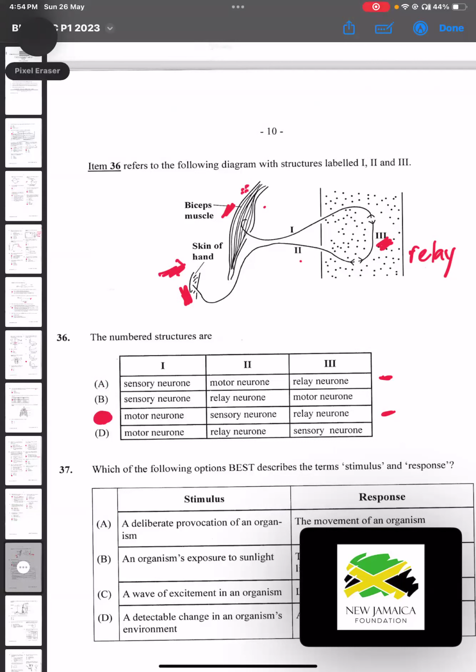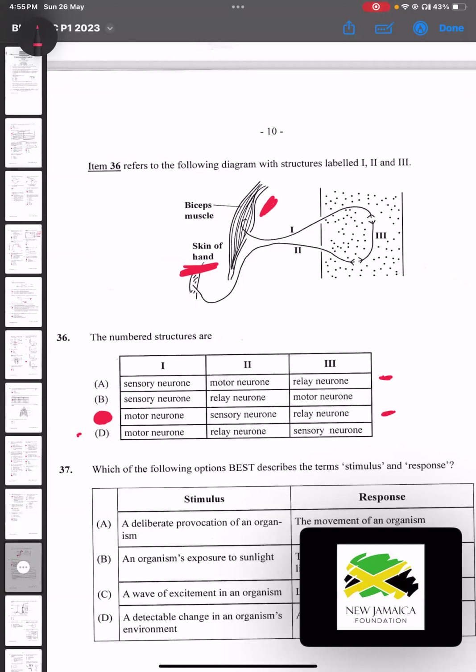The reason being that the skin of the hand would usually be where you have your sensory neurons. You wouldn't have your sensory neurons in your bicep muscles. That is where you would have motor. So in this case, C would be the most appropriate answer. Again, that's why we need to go back and check through our answers.